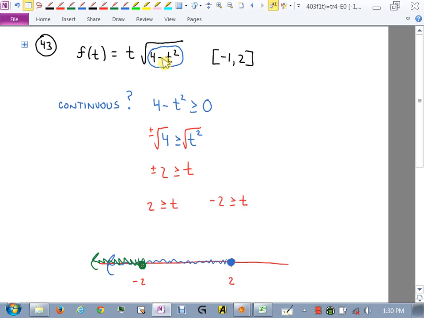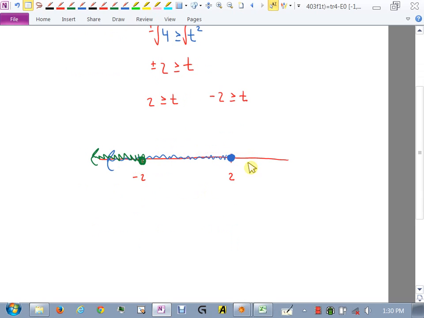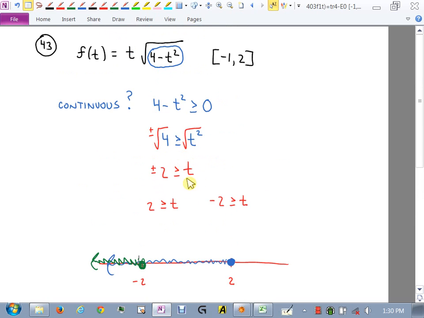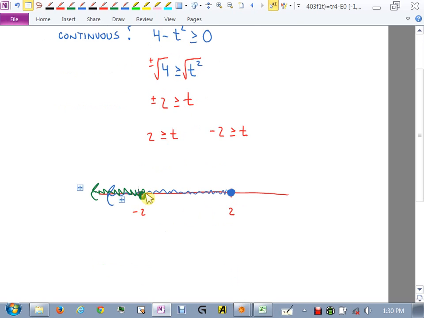Because if this interval is not in our domain, we've got major problems. Major, major problems. But I want to make sure everyone is getting the right domain. How would you say this domain? Does it have to satisfy both of these at the same time, or what's the deal here? Is it just this stuff out here because that's where they overlap? Or is it just this? Or is this completely wrong?